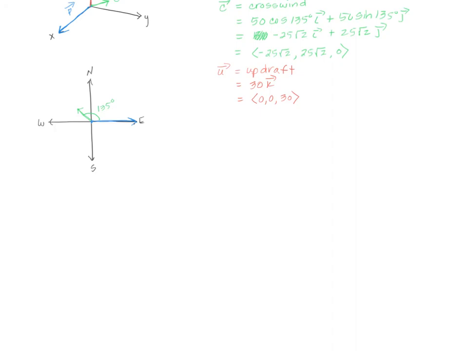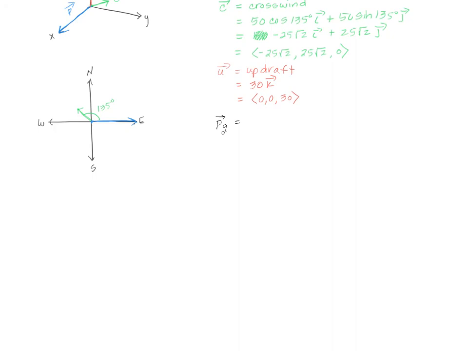So in other words, it's going to be the plane relative to the ground. So when we talk about relative to the ground, it means if you're on the ground looking at the plane, you are observing its speed with the crosswind and the updraft affecting it.